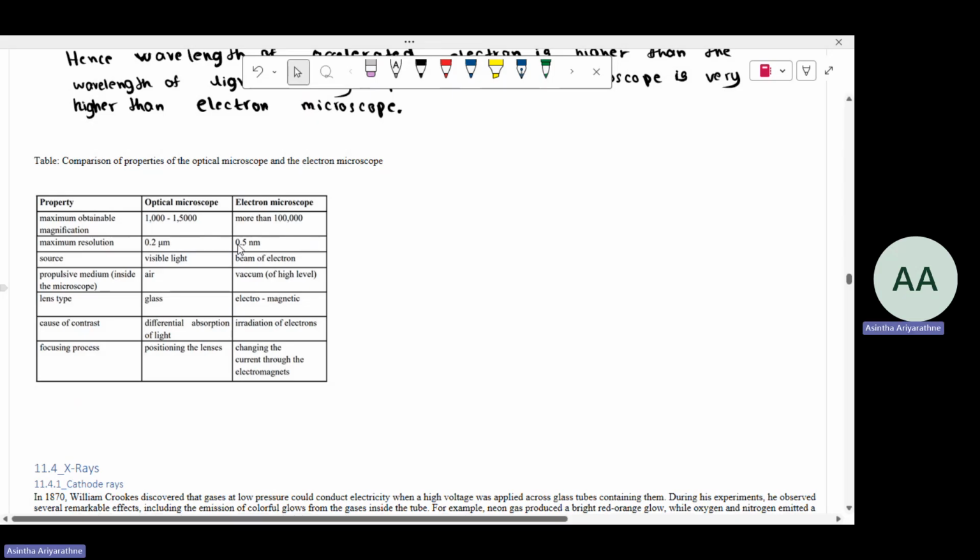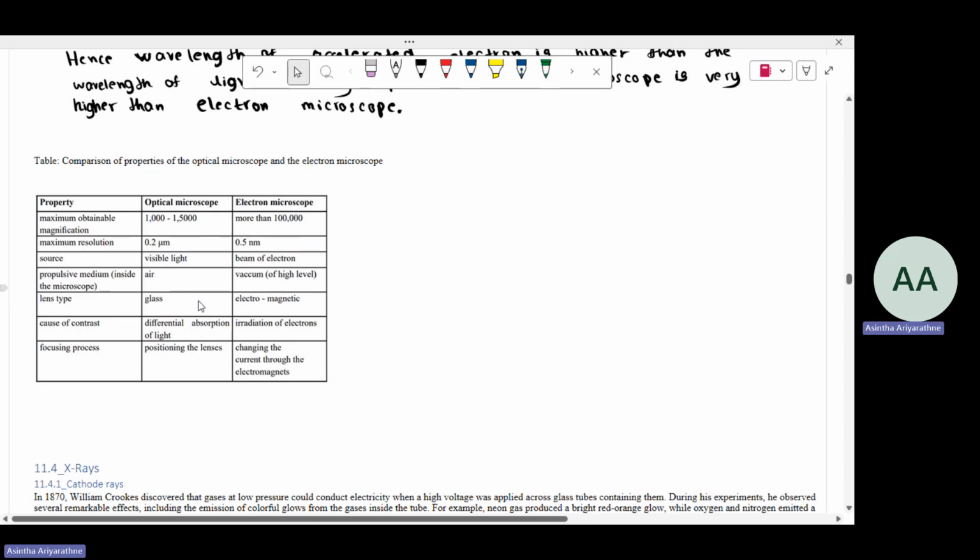Maximum resolution is also very small, around 0.5 nanometers. The source is visible light for the optical microscope, and a beam of electrons for the electron microscope. Inside the optical microscope it is just air, whereas in the electron microscope it is a vacuum.